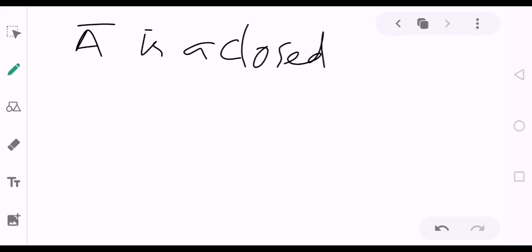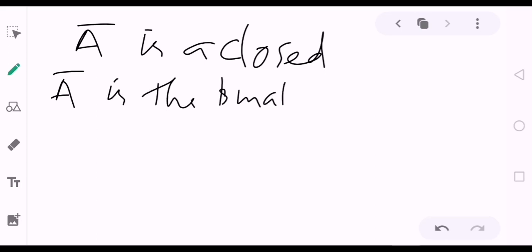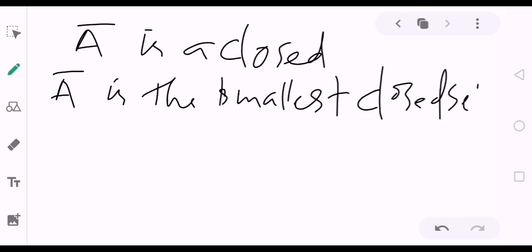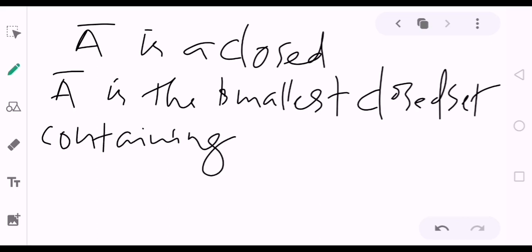Now finally we want to prove that A closure is the smallest closed set containing A. What does it mean? That means if any other closed set contains A, then it contains A closure.